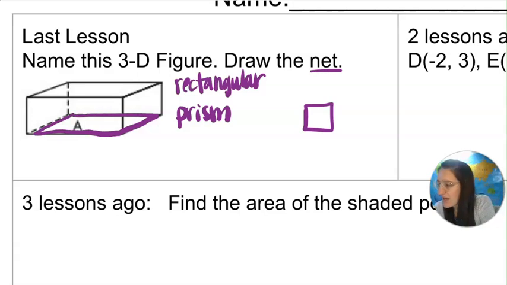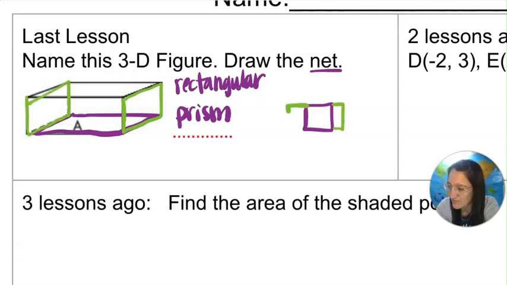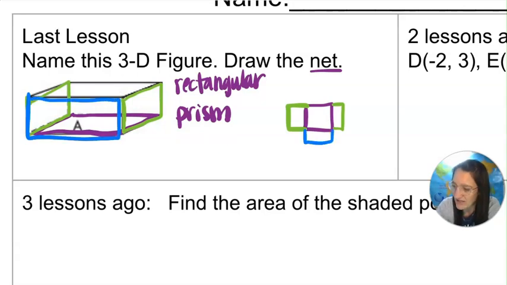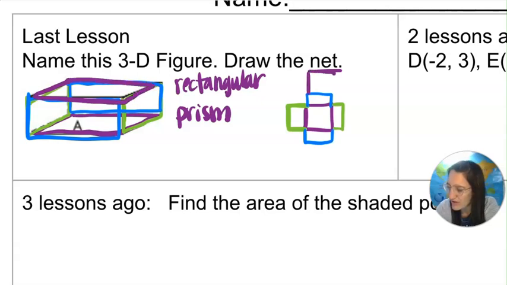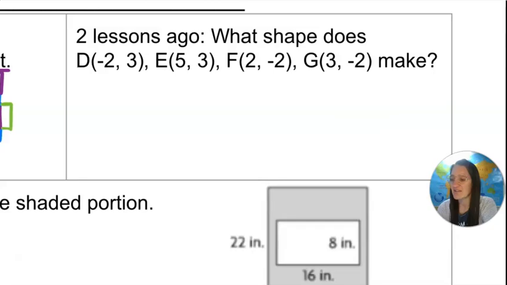Then I have these sides that I'm going to put right here, and another side I'm going to put right here. Then we have a front, and a back, and the last thing I haven't drawn yet is the top. So I need to draw another top right here. That is our net. And it should have 6 sides, because rectangular prisms have front, back, side to side, top and bottom, right? 6 sides.